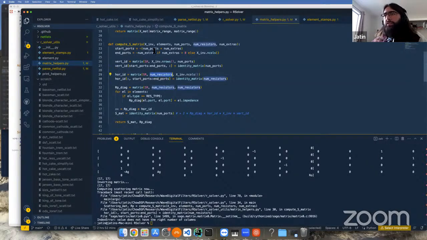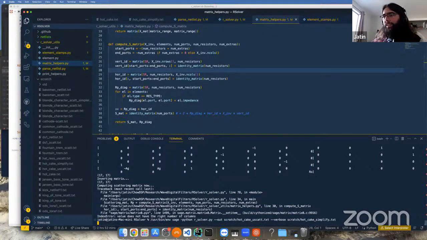What if I just use num resistors everywhere that I was using num ports here? Let's try that, see what we get.